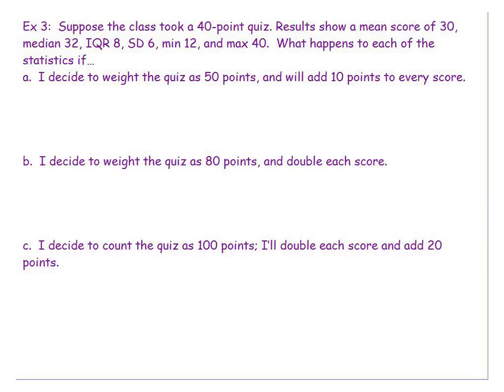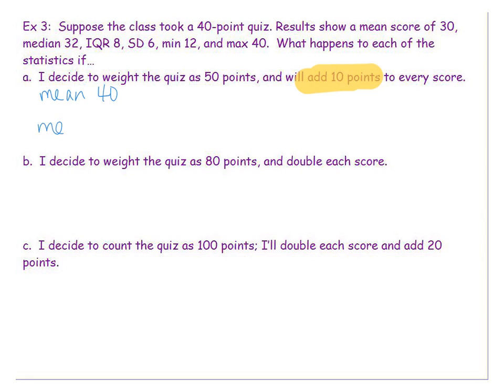So the key there is you are adding 10 points to every score. Keyword is add. So, will the mean change? Yes. We're going to add 10 to 30, and we're going to get 40.